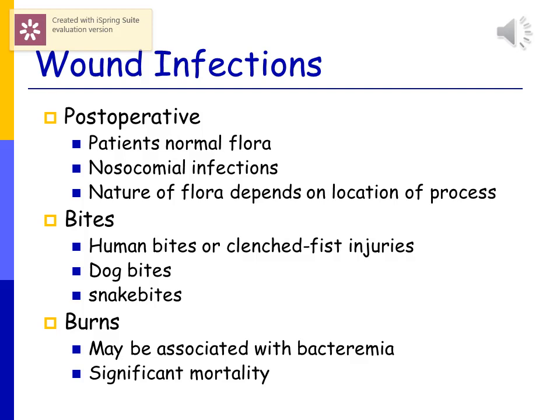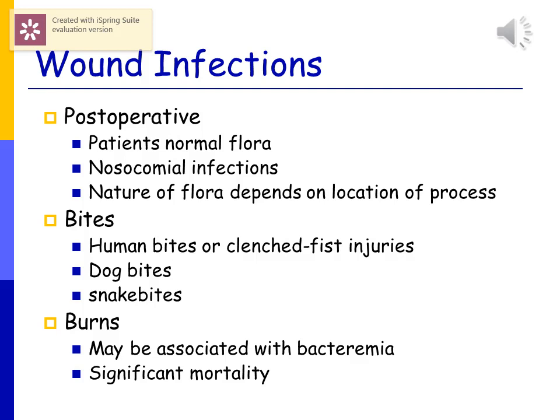If the skin was cleaned well enough, was a contaminated instrument used. So it all depends on the situation, what you might find in a wound infection of a post-op patient.